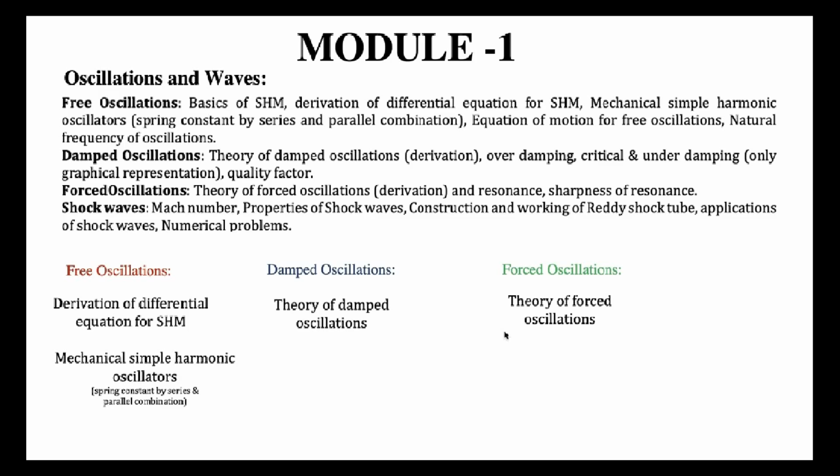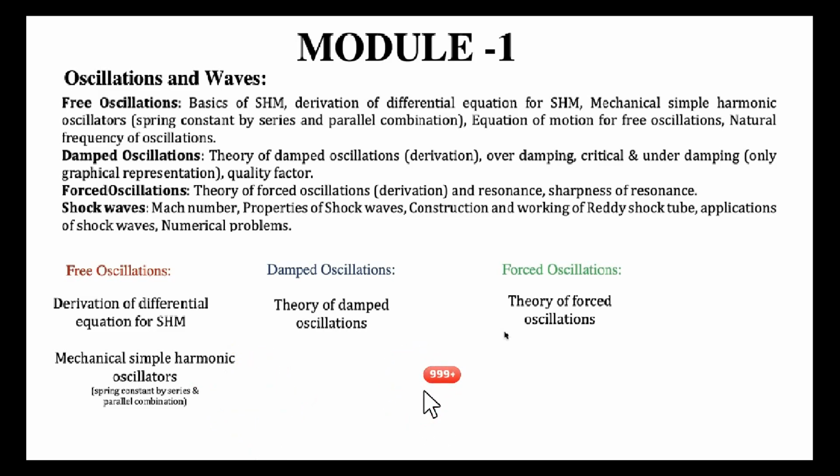And let me tell you one important thing. In the free oscillation, damped oscillation and forced oscillation chapters, in these three chapters, you will get at least one straight away 10 marks derivation in the semester exam. So you must not skip these chapters. For example, in free oscillation, you must study the differential equation for SHM and the mechanical simple harmonic oscillator.